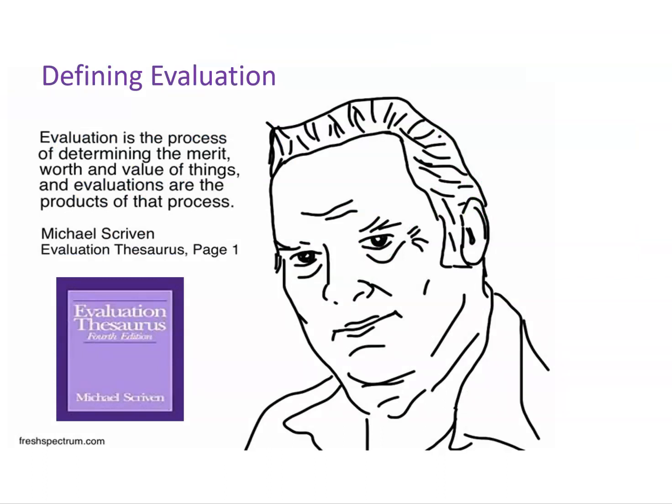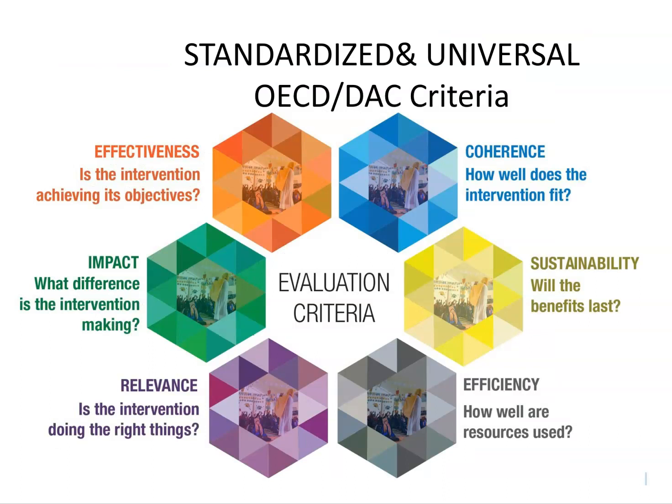Again, returning to Scriven's definition of evaluation as the process of determining merit, worth, and value of something, that merit and worth involve both did the program work and is it worthwhile taking to other places. The DAC criteria are standardized criteria that are treated as technical criteria, that are value-free, that the values are from what gets defined as effectiveness, impact, or relevance, but are not built into the criteria themselves.